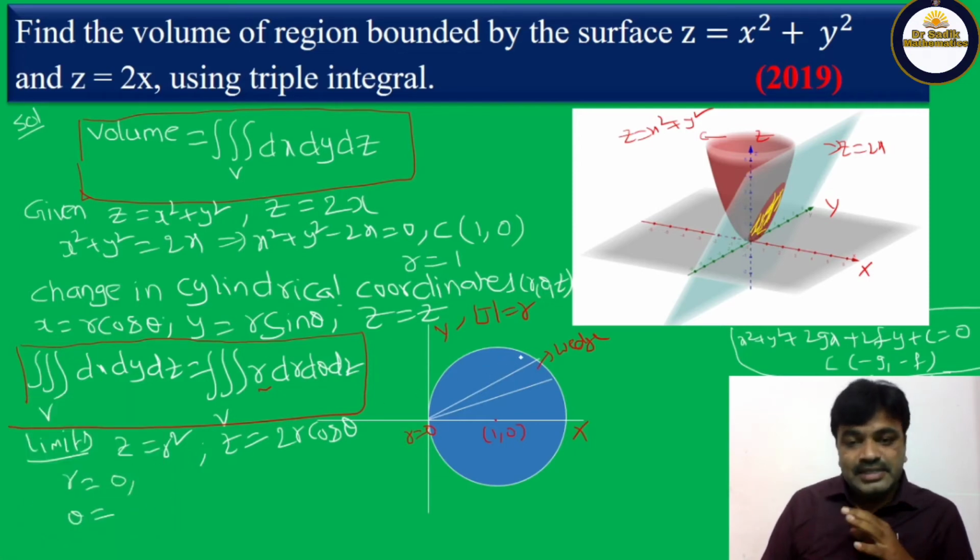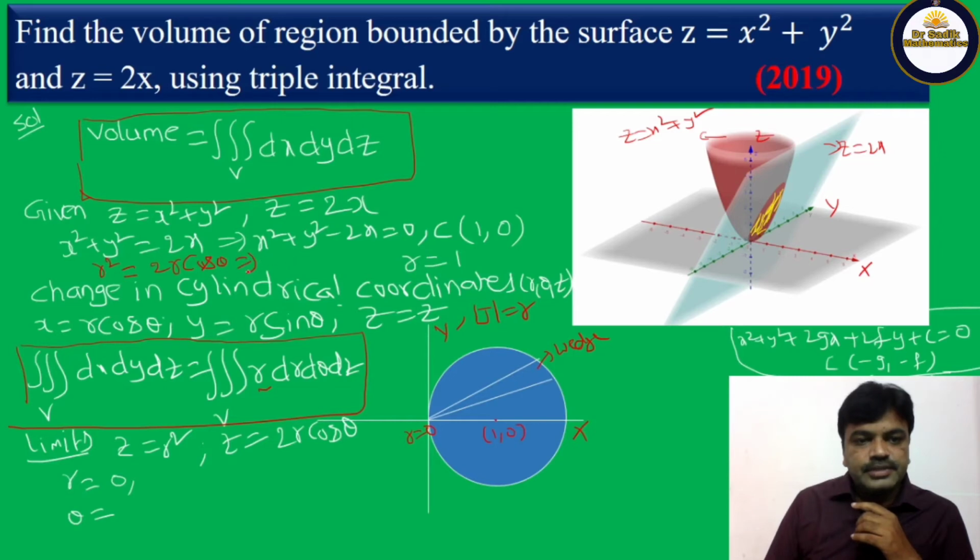Now the other end is at the curve, friends. What is the circle equation in cylindrical coordinates? x square plus y square, previously told you, is r square, and that is equal to 2 into x value, which is r cos theta.